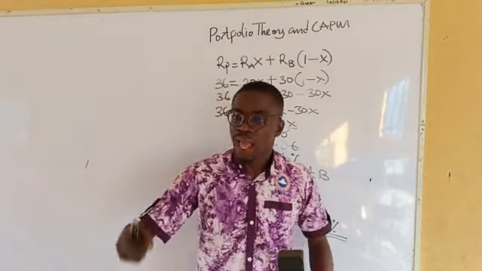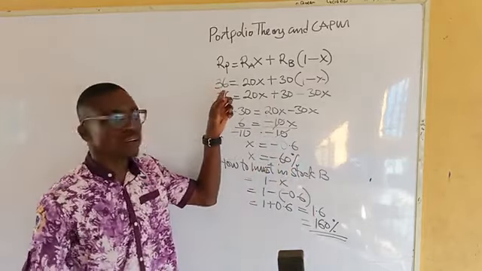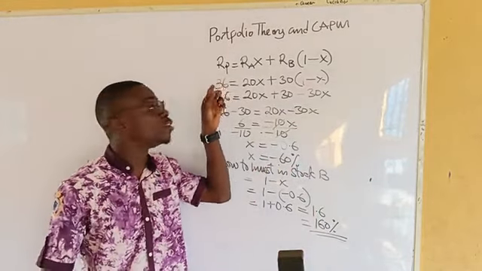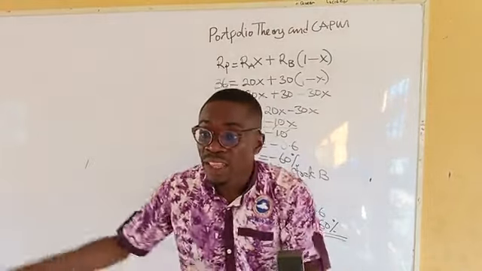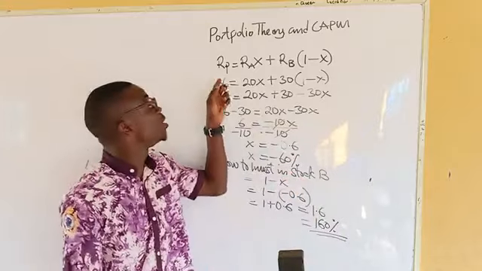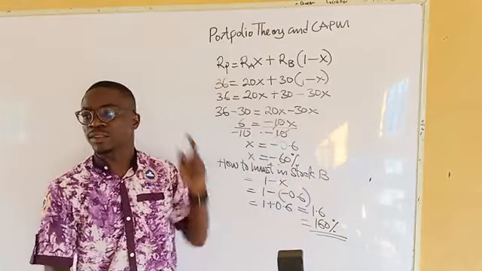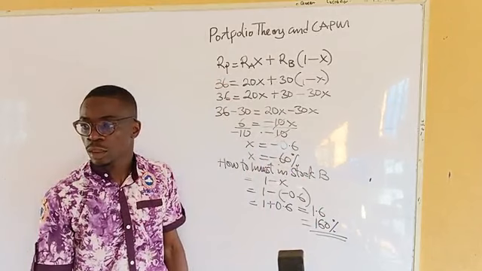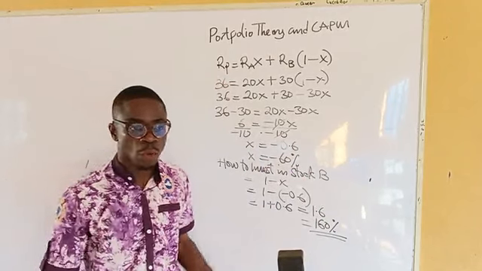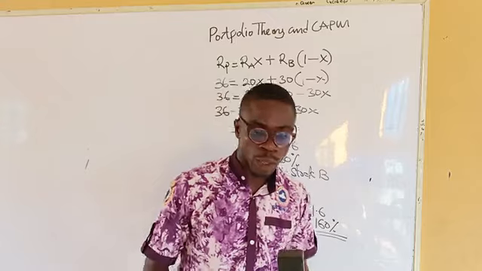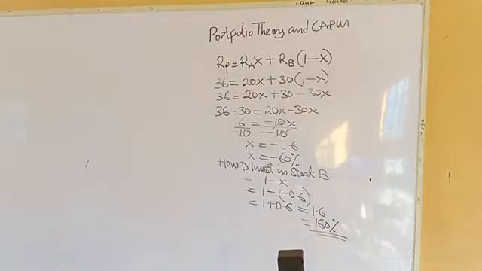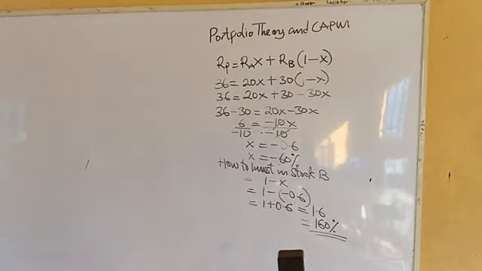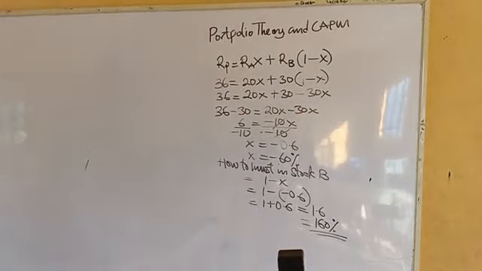But for you to get the expected return on the portfolio, you will need to go and borrow funds on top of the 1 million in order to have this 36%. Are we together now? Any question on that? Any question?